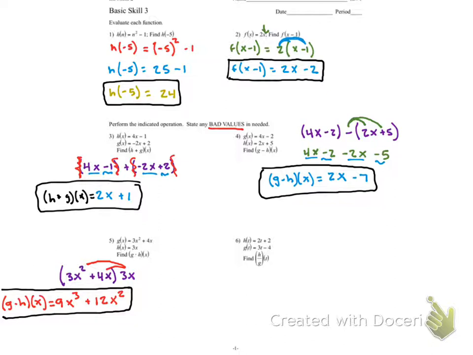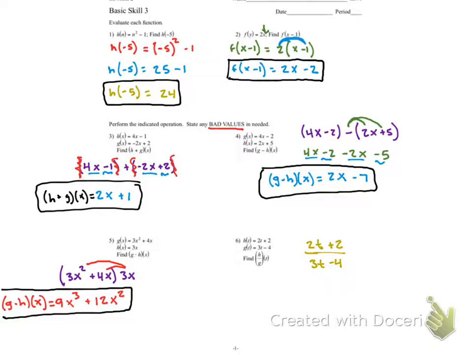Now number 6, we're going to take h, which is 2t plus 2, and divide it by 3t minus 4. So h on top, g on bottom. Be careful because those aren't always going to be that same way. It could be g on top.